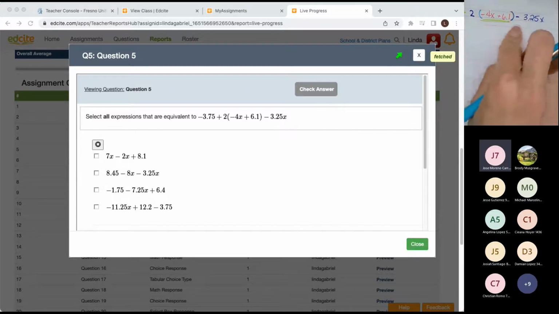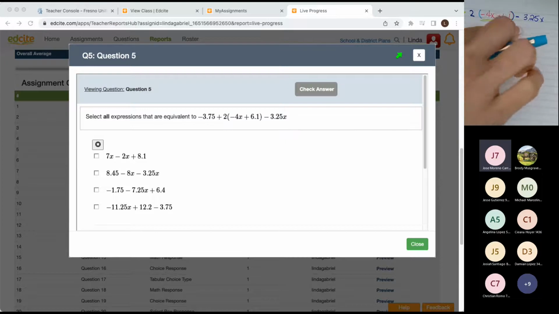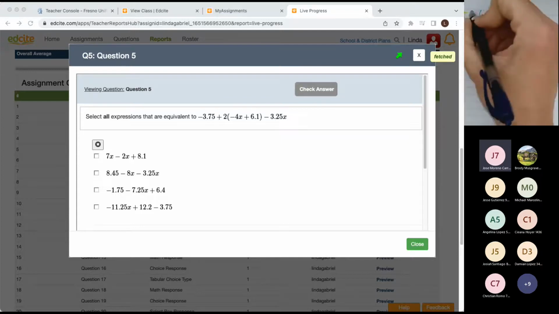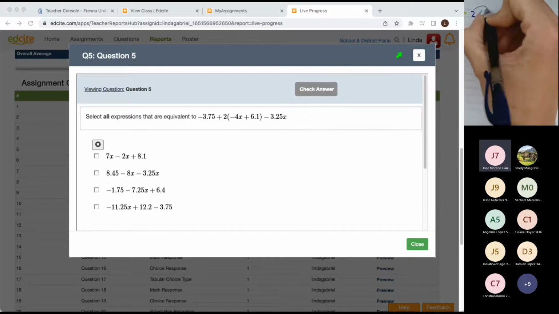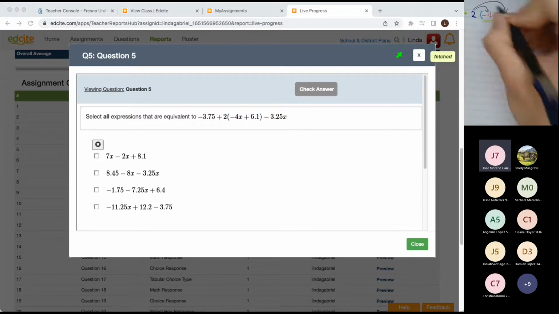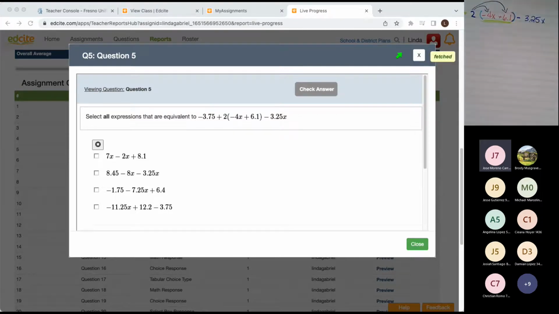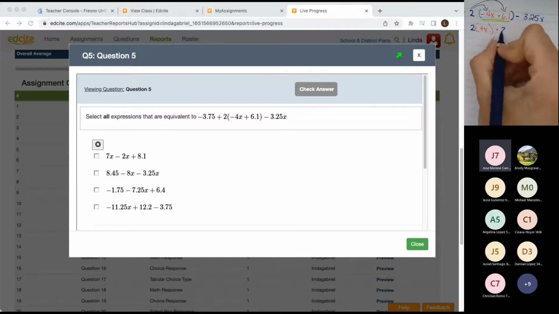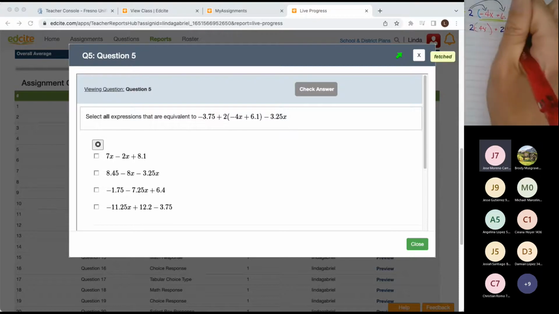Just like the last problem, I have a variable in there, so I can't do any more math inside my parentheses. But in order to get rid of my parentheses, I need to distribute my 2 through the math problem. So that tells me I have 2 times negative 4x plus 2 times 6.1.